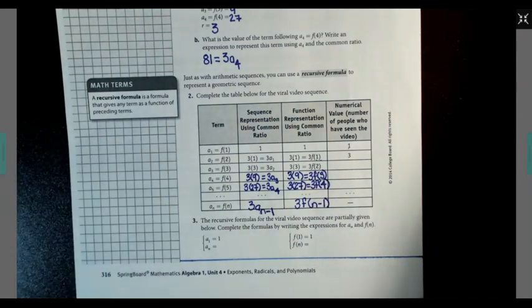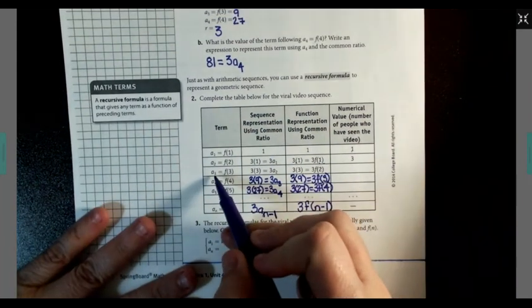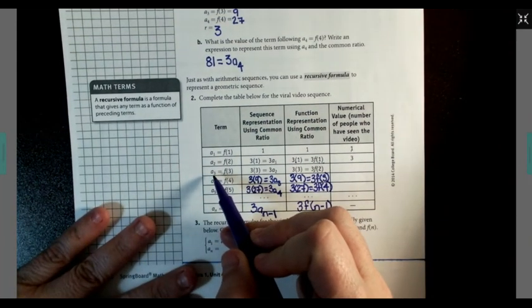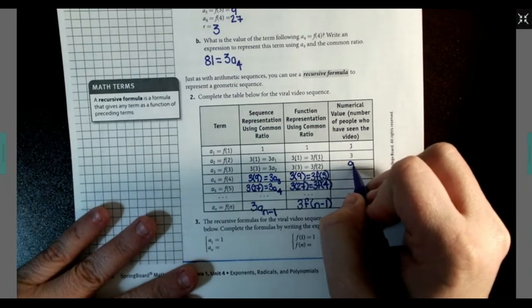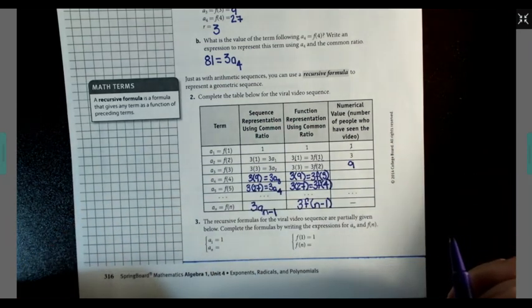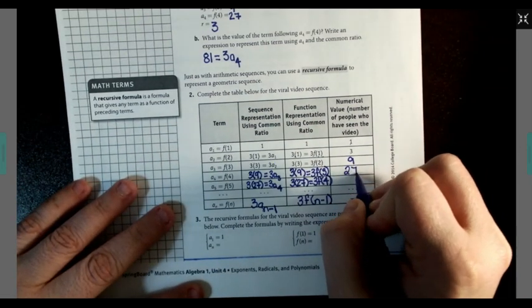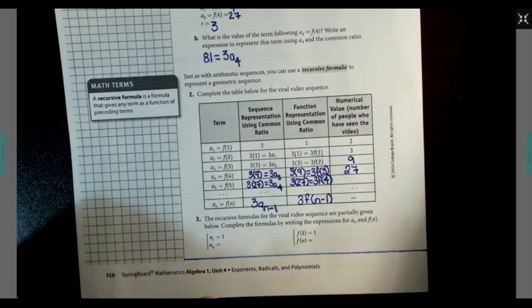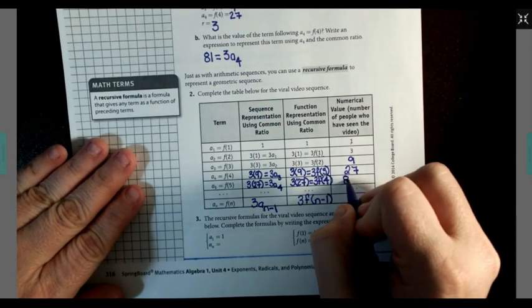Now, what's the numerical value? On the third stage, what was our value? Our value was 9. On the fourth stage, what was our value? 27. And we just found the fifth stage, and that was 81.